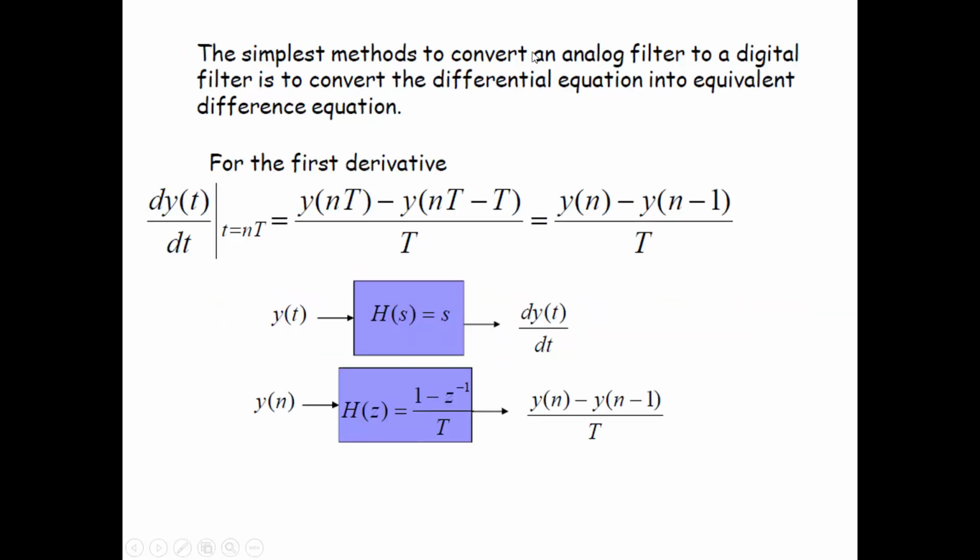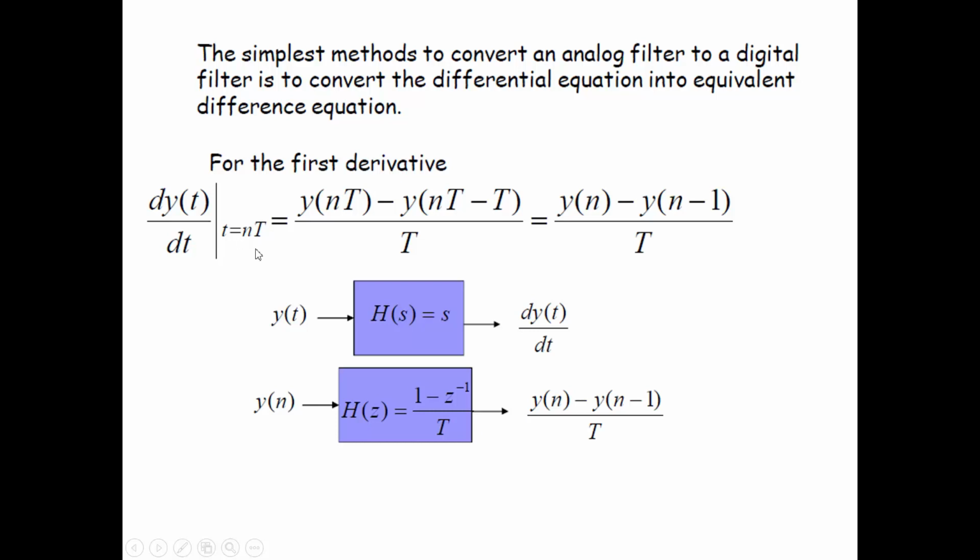Now, the simplest method to convert an analog filter to a digital filter is to convert the differential equation into an equivalent difference equation. Now, how to convert it into the difference equation? Let's take the first derivative, dy(t) by dt, and we replace every small t with nT, where T is the sampling period.